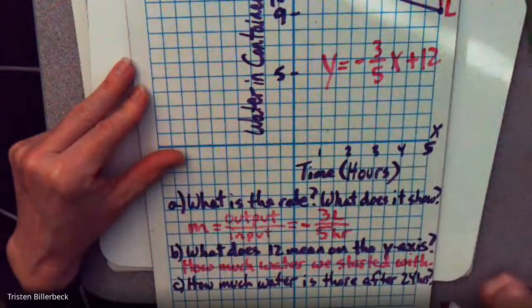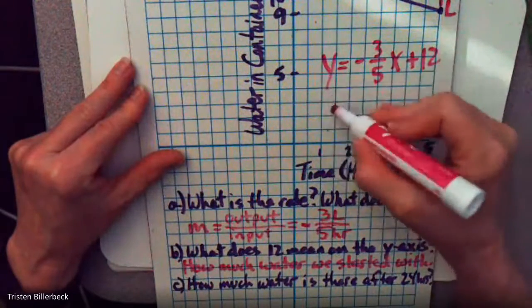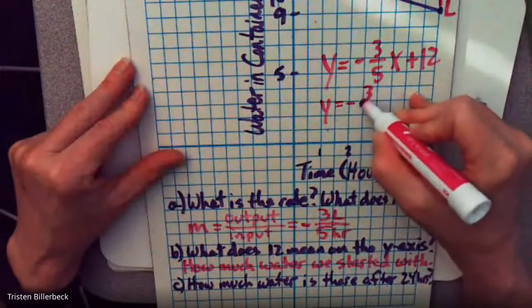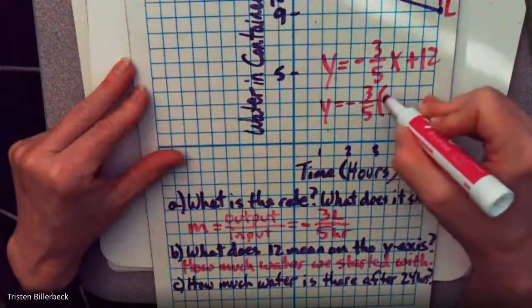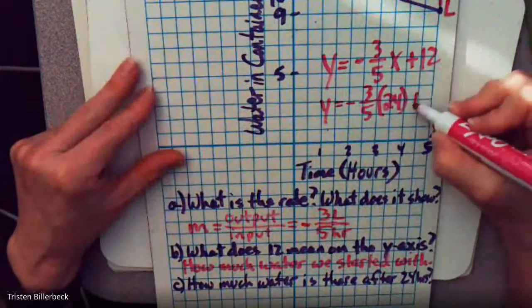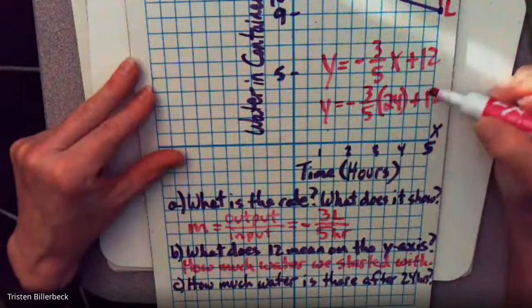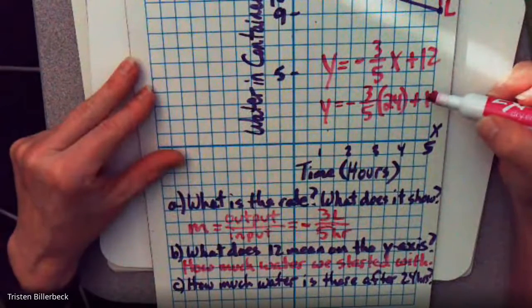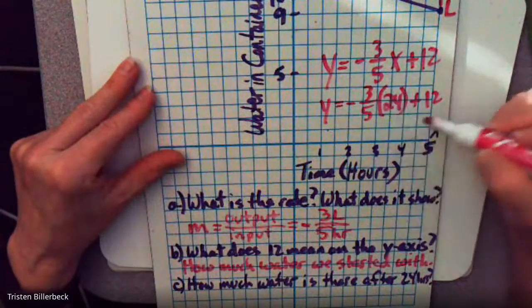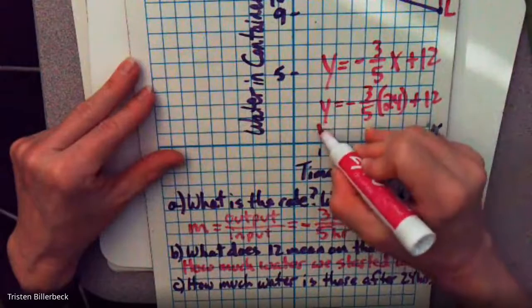So it wants us to find what happens in 24 hours. So we put 24 in here because time is independent, so it's always the x, plus 12. Oh boy, that's not a nice equation. Okay, so we can't reduce, so that's a real bummer.